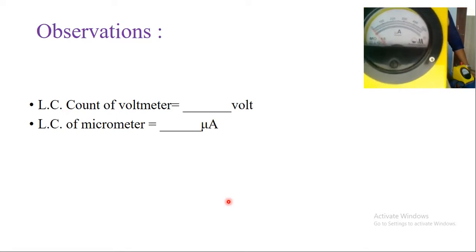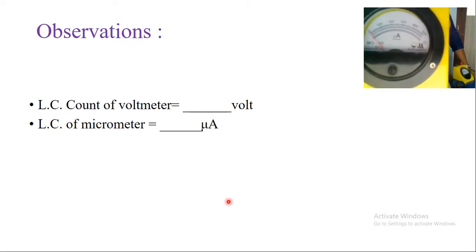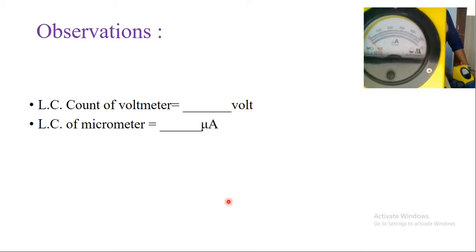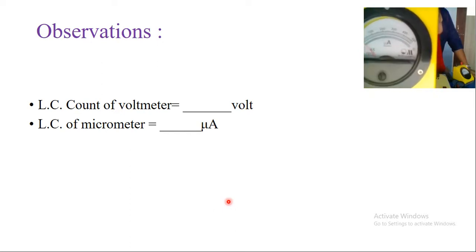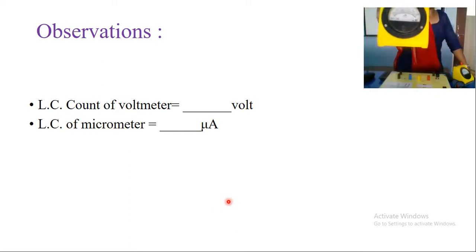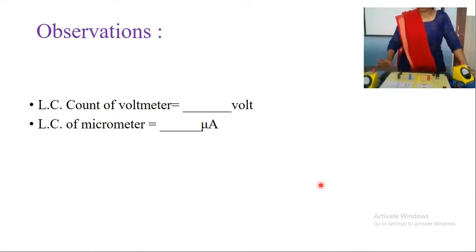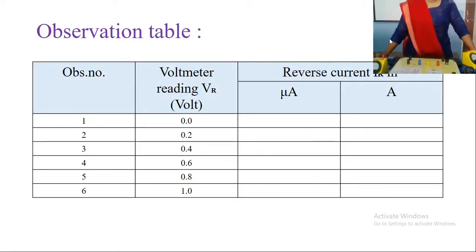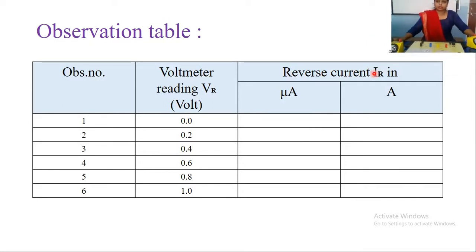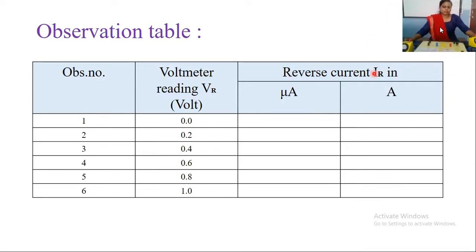So when this pointer moves to the second line, the answer will be 20 microampere, right? So this is the least count for microammeter. After that, you have to connect all this.